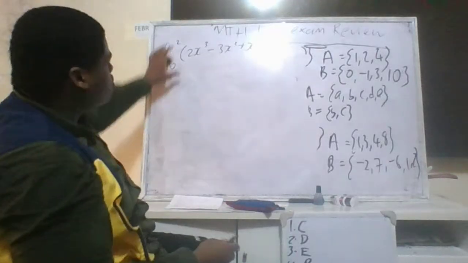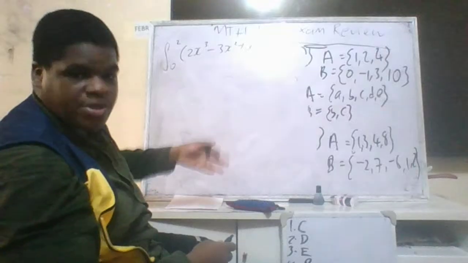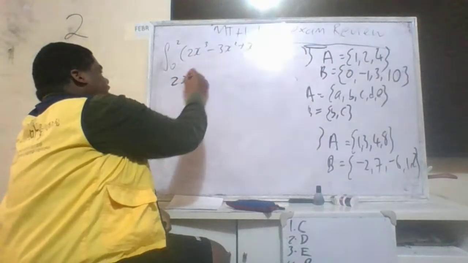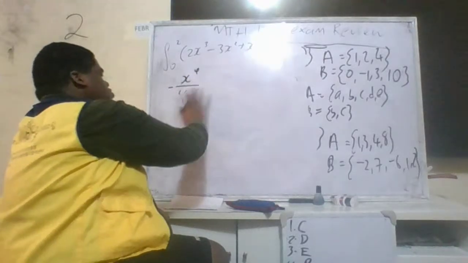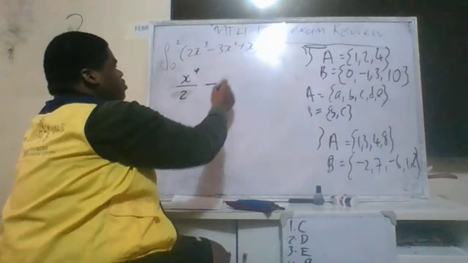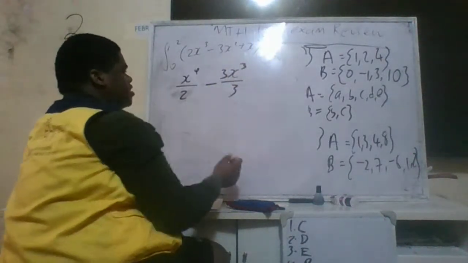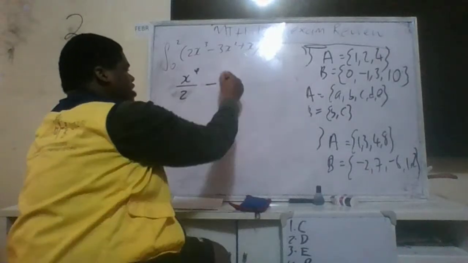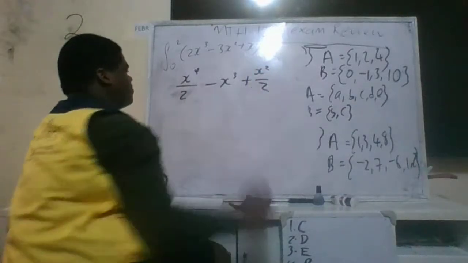Good. So now the way we evaluate a definite integral is the same way we evaluate an indefinite integral. So just integrate in the normal way. And we have 2x to the power of 4 divided by 4, minus 3x to the power of 3 divided by 3, plus x squared divided by 2.